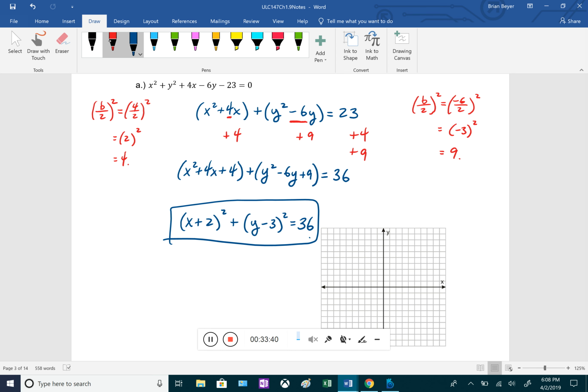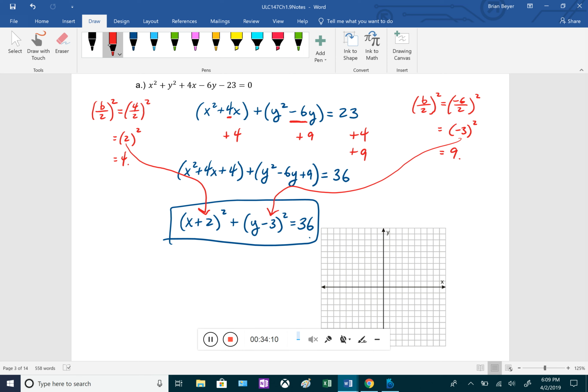If you had to factor both of these trinomials separately, the first one would be x plus 2 times x plus 2, but you rewrite it as x plus 2 squared. The second one would be y minus 3 times y minus 3, which you rewrite as y minus 3 squared. And if you wanted the shortcut, this value is your b over 2, and this value is also your b over 2.